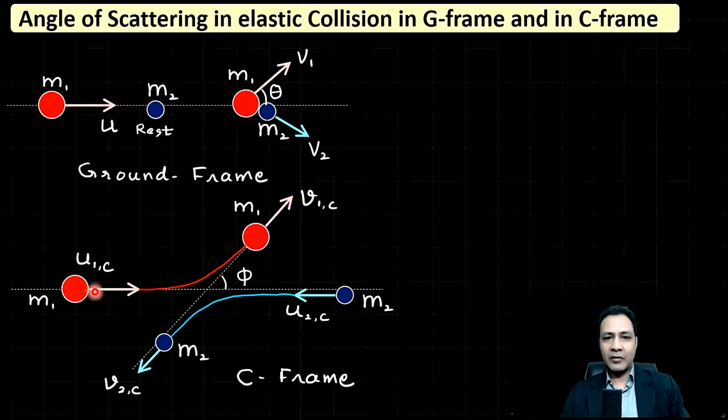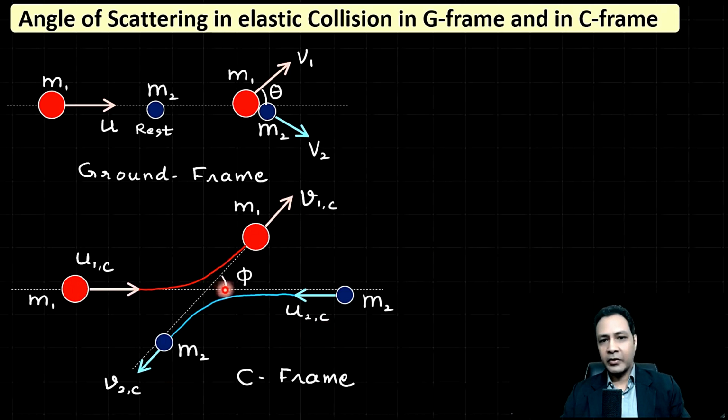After collision, m1 deviates by angle phi in the C frame, and the velocities of m1 and m2 become v1c and v2c. In the C frame, in elastic collision, the speeds of the colliding particles do not change. What changes is just their rotation. m1 gets rotated by phi, with its speed remaining the same. It means v1c is nothing but u1c, and likewise v2c is nothing but u2c.